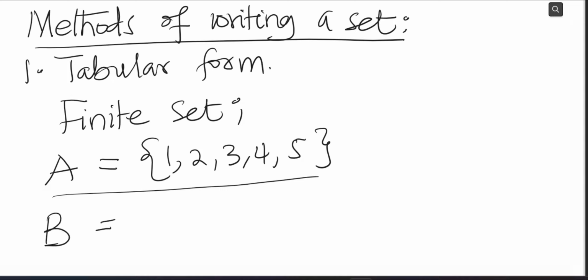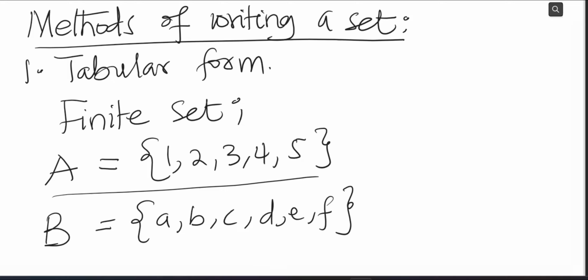Our example B was also A, B, C, D, E, F. This is the tabular form of representing a set.